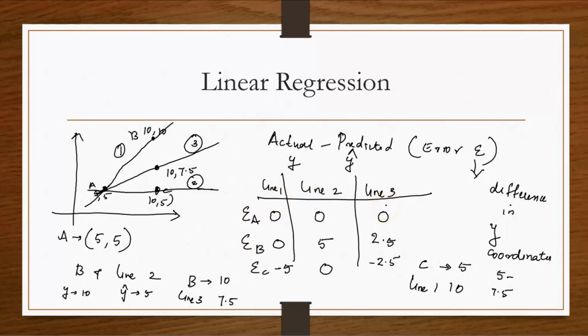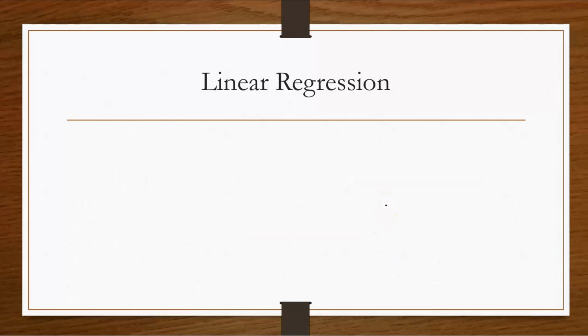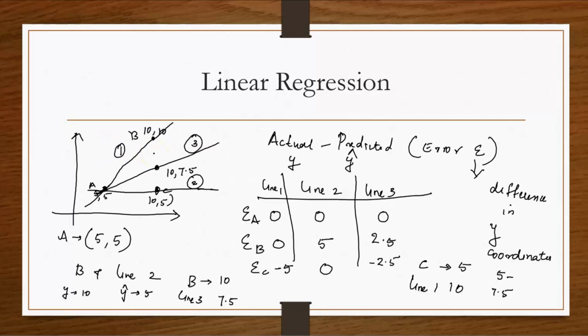After making this table, we find the error of each line separately. We find the sum of squares of error: we square the errors and take the sum.